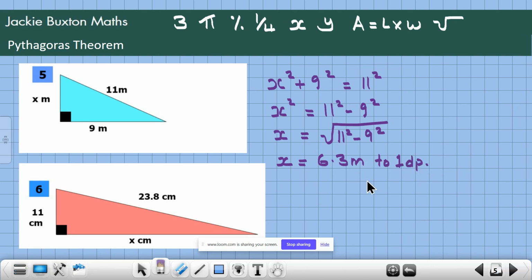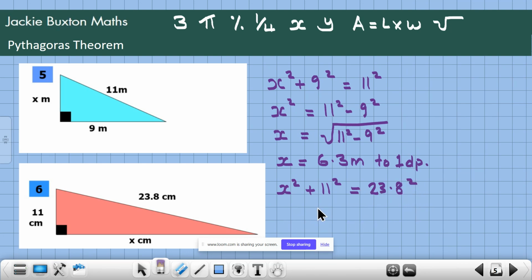Okay, last one, and then you can do plenty more practice if you need to. Right, so again, we've got to find one of the shorter sides. We've got the longest side, so we're going to do the same thing as above. We're going to say x squared plus 11 squared, so our two shorter sides equal our longest side squared.